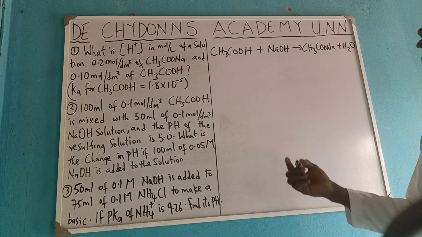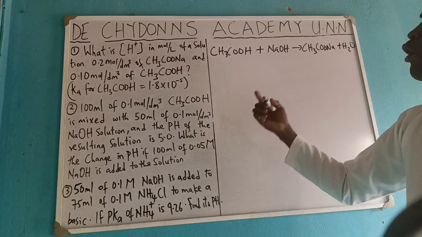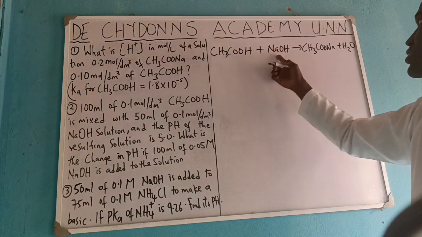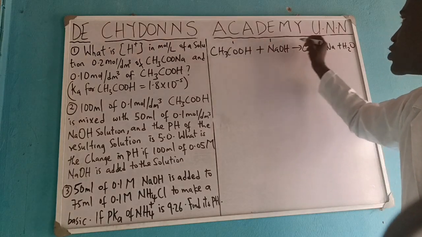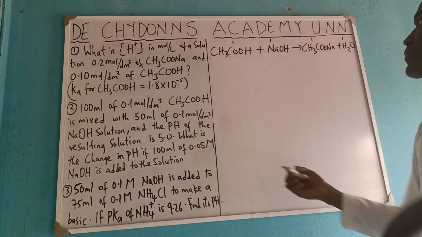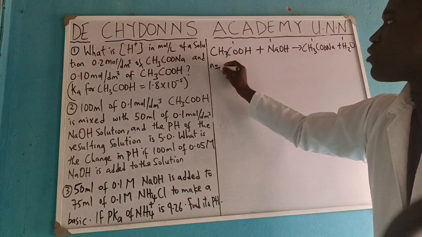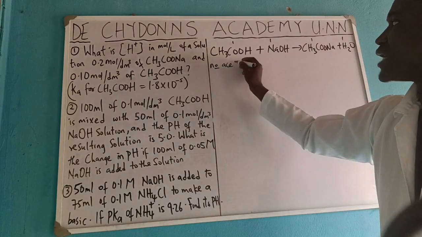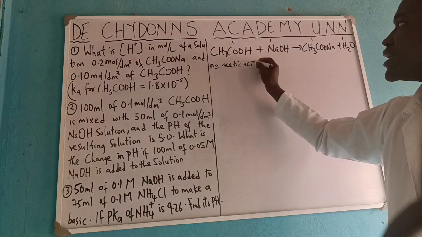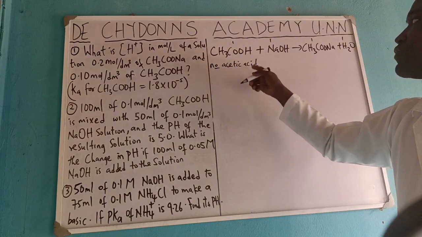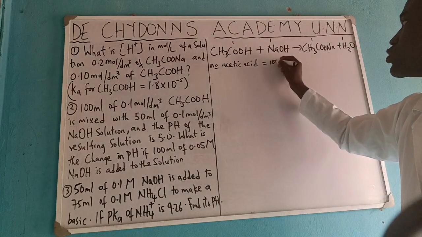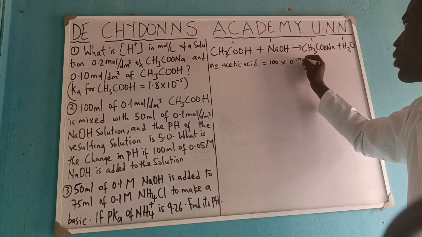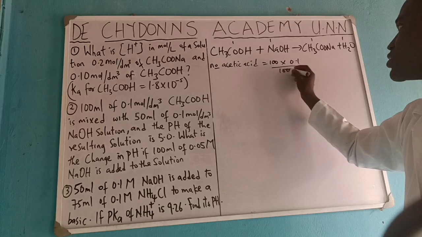Now we need to know the amount of this that reacted. The amounts go by 1:1:1:1, right? Now we say number of moles of acetic acid reacted equals 100 times 0.1 all over 1000.